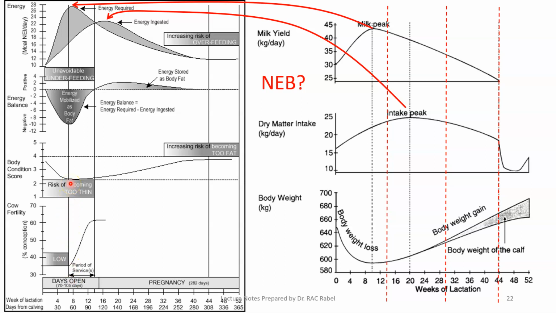If you want to keep the open period relatively short, you have to control the loss of body condition score. If there is excessive loss of body condition, then you won't be able to get the animal pregnant soon enough. So keep that in mind.